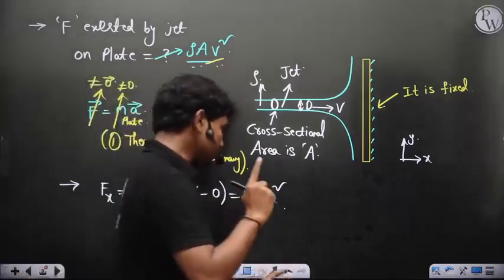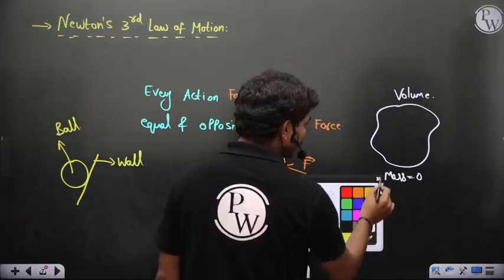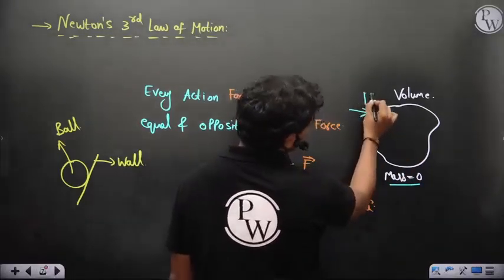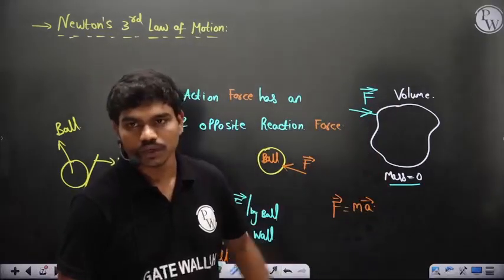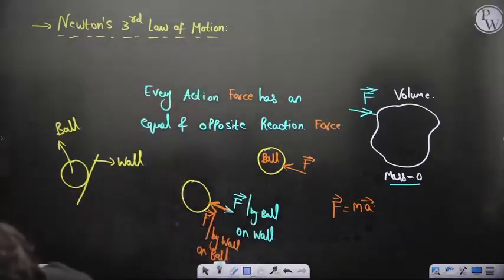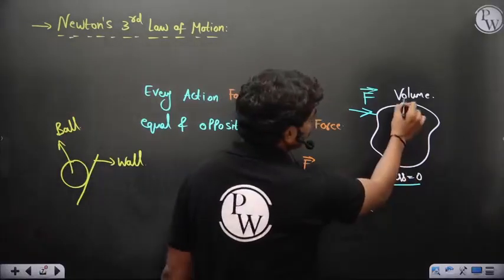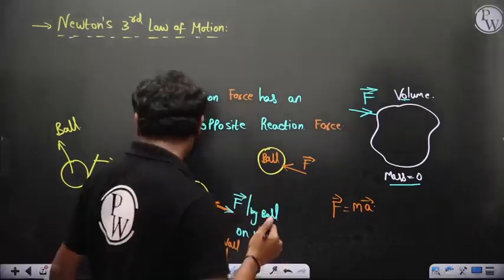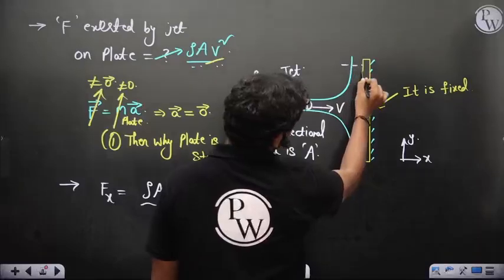Now one more question. Come back to the discussion. You have a volume but its mass is 0, just a volume. When you apply some force F on this volume, when this plate is not moving, take this volume in front of this plate.